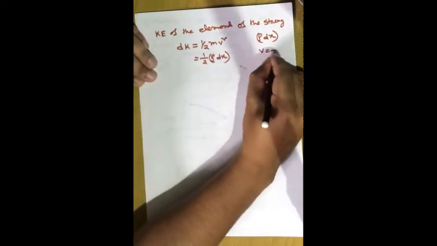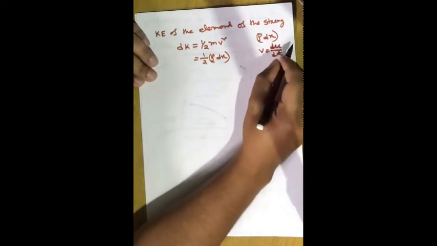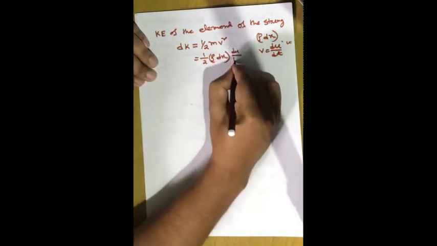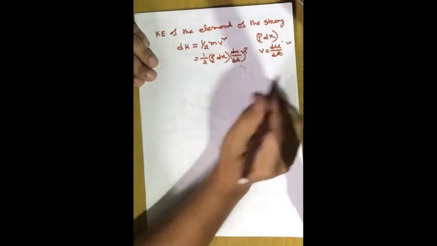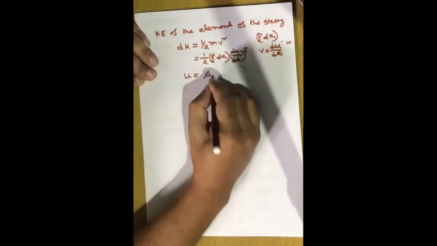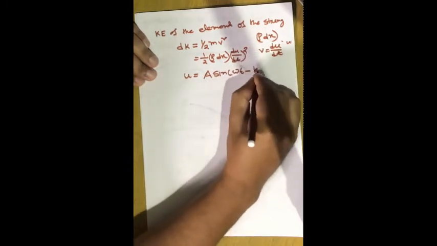In place of v, we will write du by dt, because we are considering that the displacement in the y direction is u. Therefore, we can write (du by dt) whole square. Also, we know that u is equal to a sin(omega t minus kx).